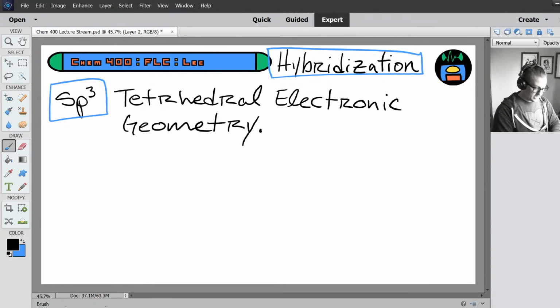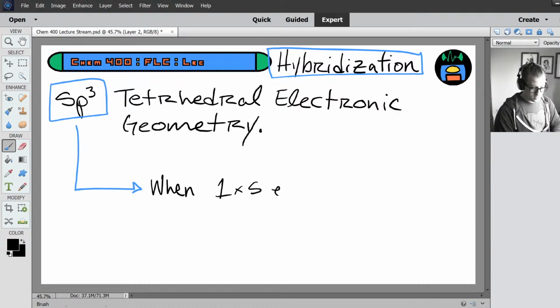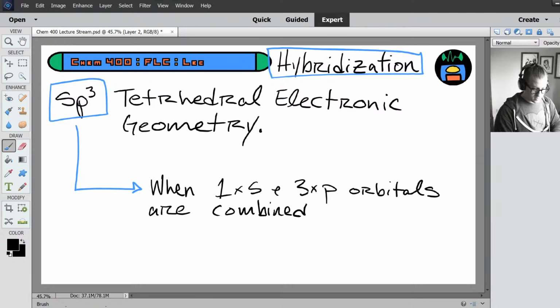We saw that sp3 hybridization arose when 1 s and 3 p orbitals are combined, averaged together.